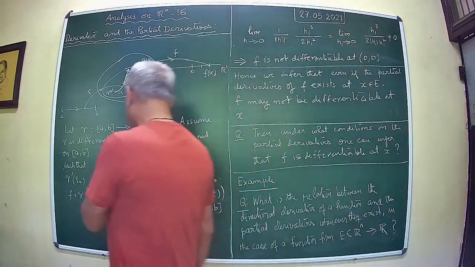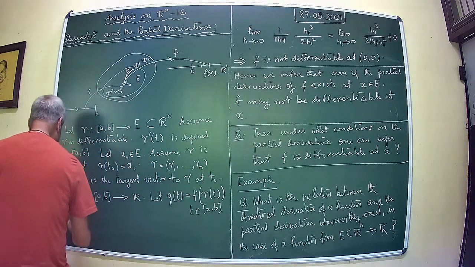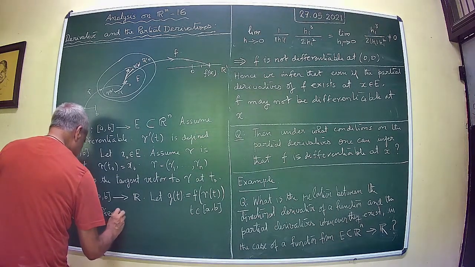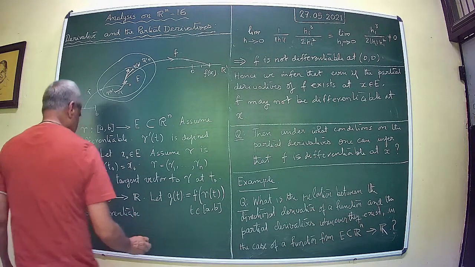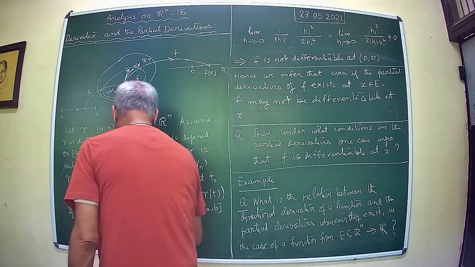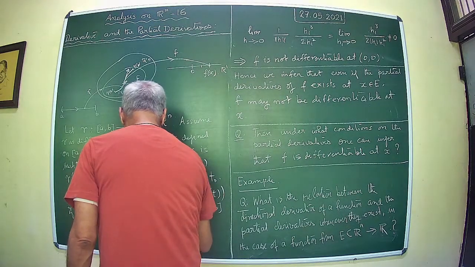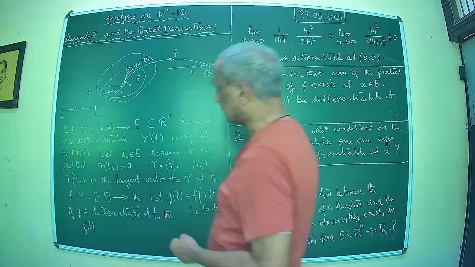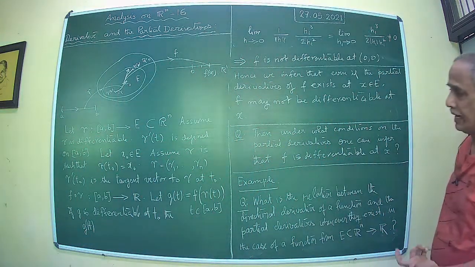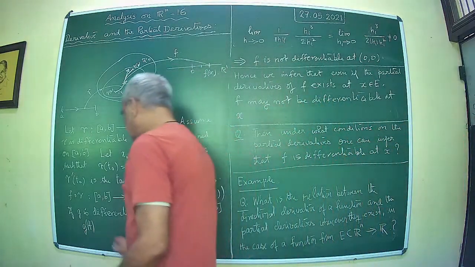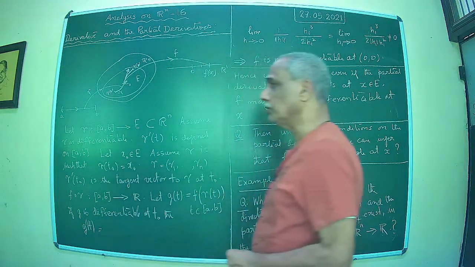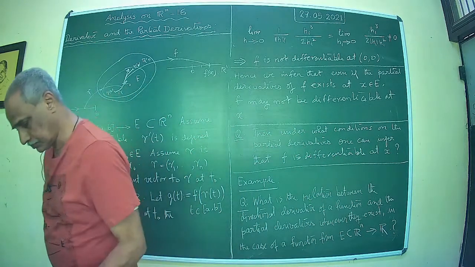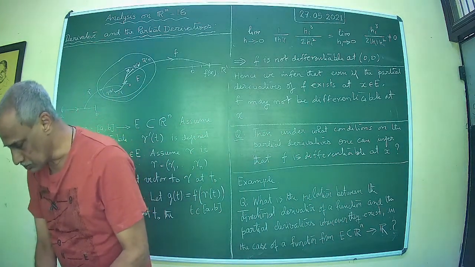Okay, therefore if G is differentiable, then G derivative of t is a scalar, because you are talking about a function from one dimensional space to one dimensional space, and this is given by using what is called the chain rule.